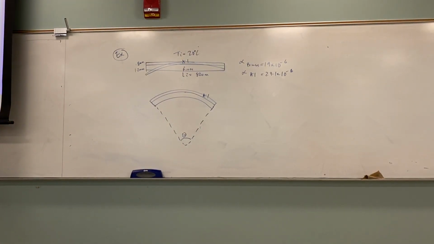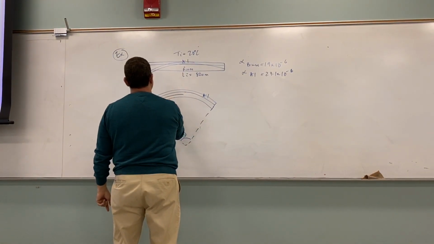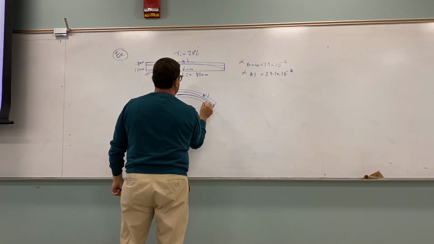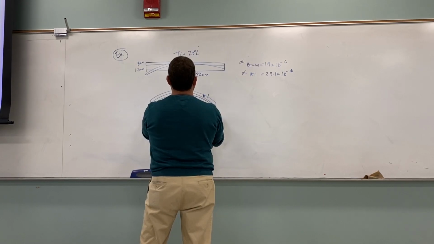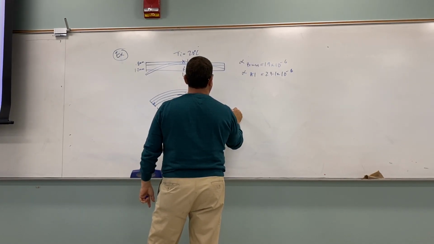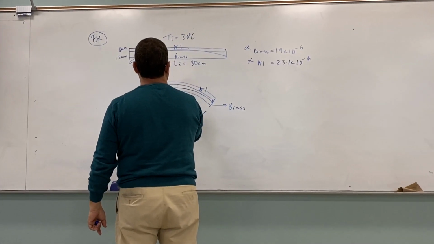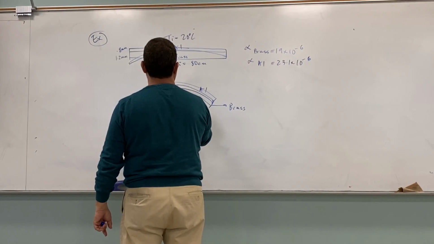So as I heat it, it curves like this, and it makes a subtended angle like this, so it becomes part of a circle. So we could say this length here, from here to here, kind of focus on the middle of the brass. So that length is L final of the brass, right?